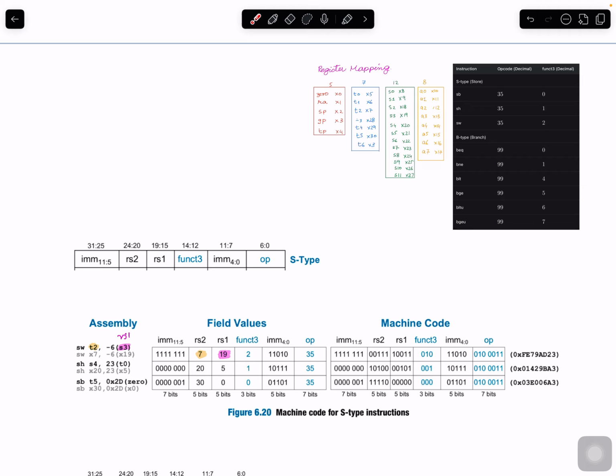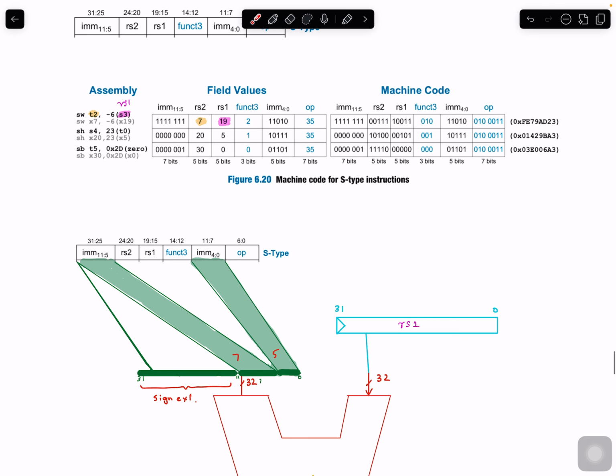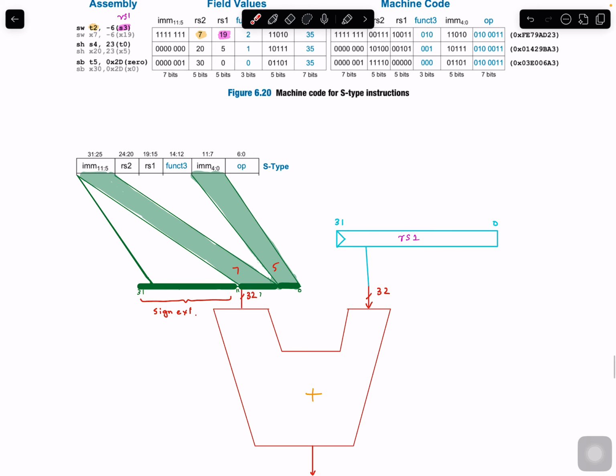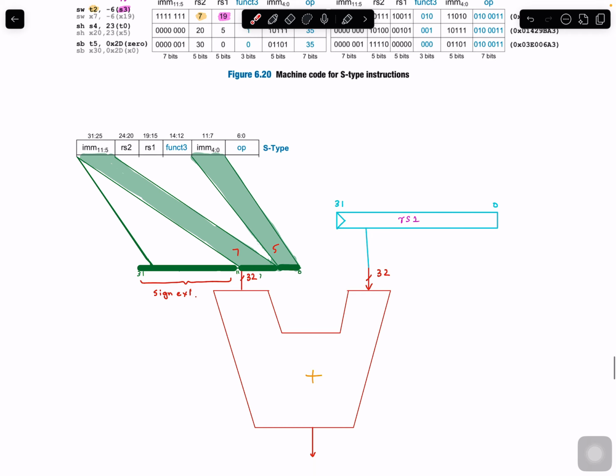Then the second part. Okay, before we go to the second part, I wanted to give a little bit of further explanation. I think you got what I wanted to say. So this is again for the S type. What we do is calculate the address. This instruction eventually has to calculate the address where we have to store the content from RS2.